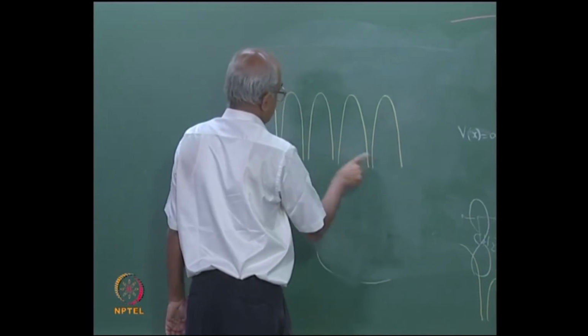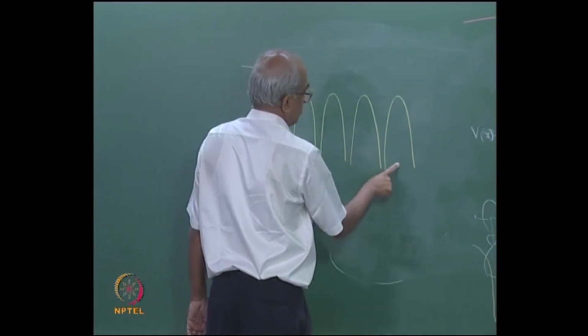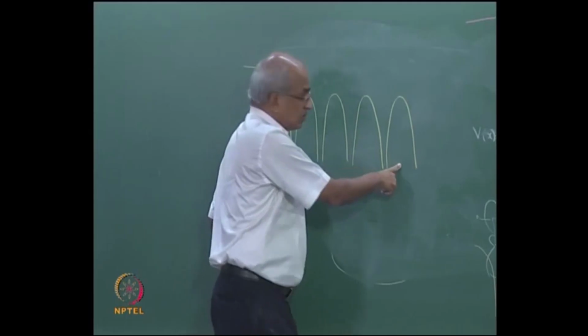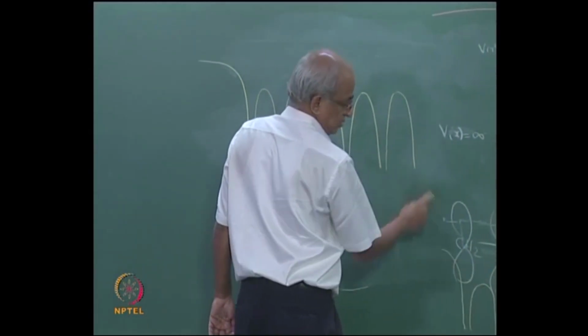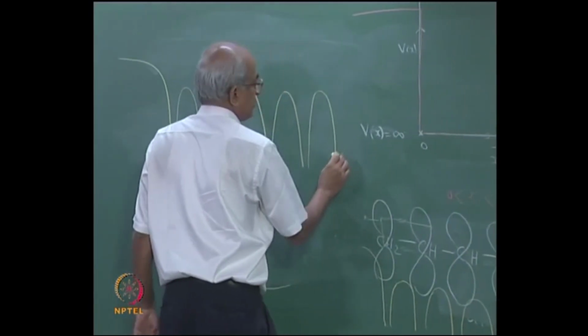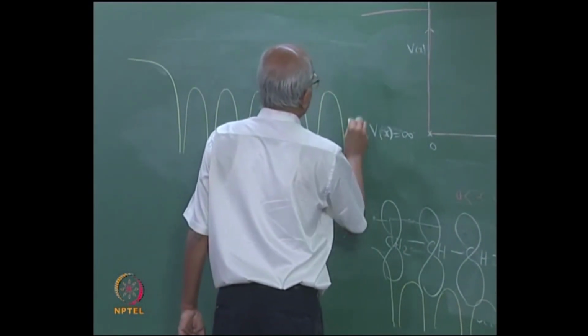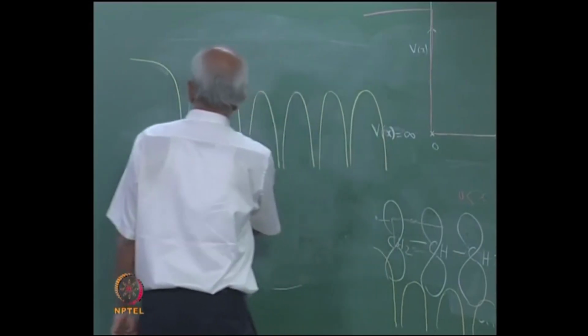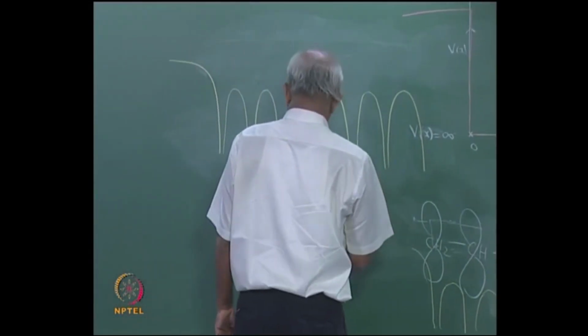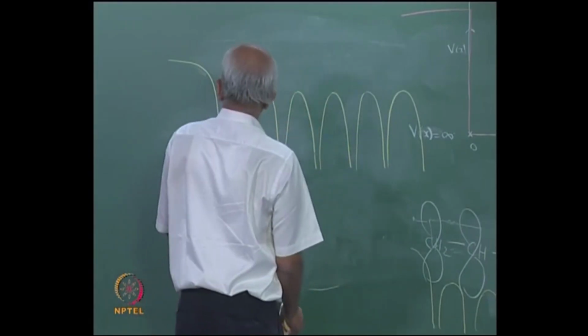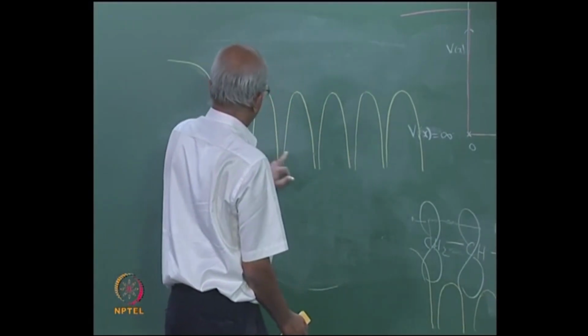So, how many such? You will have 6 of them, right? No, 5 bonds. Right, 1, 2, 3, 4, 5. Oh, I think I have drawn one too many.